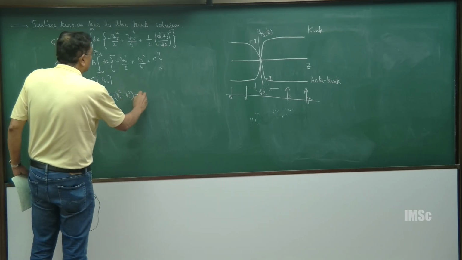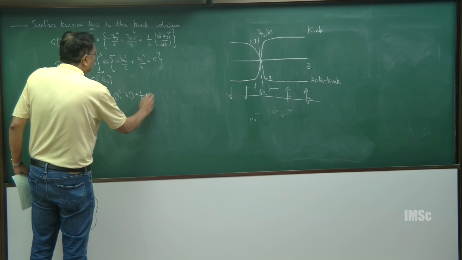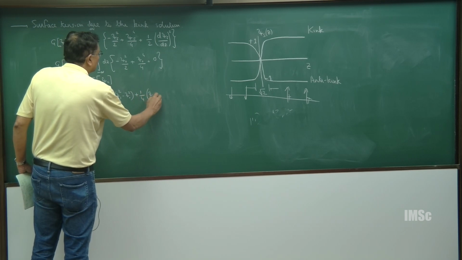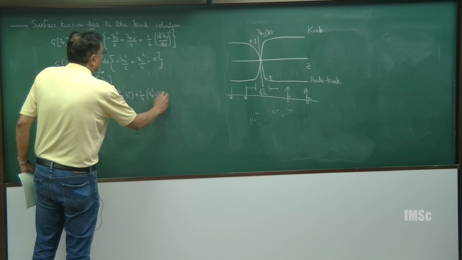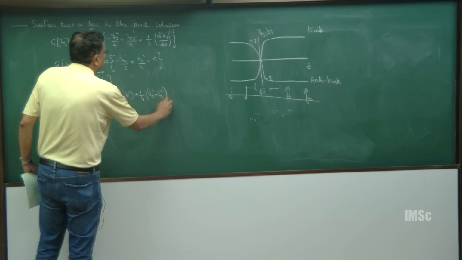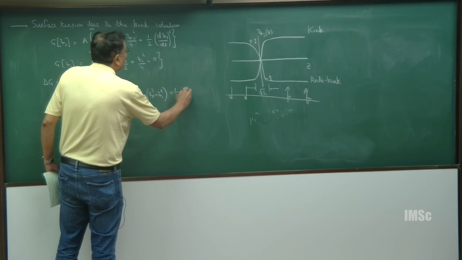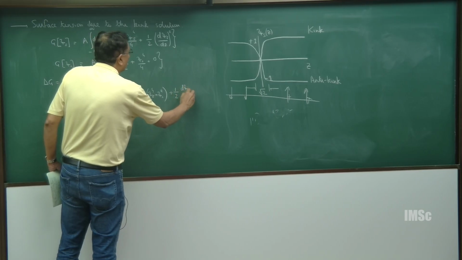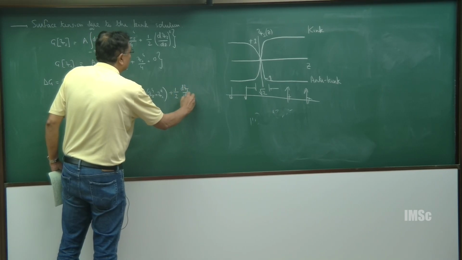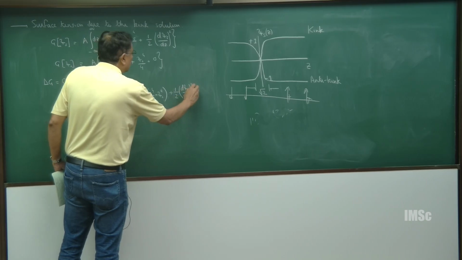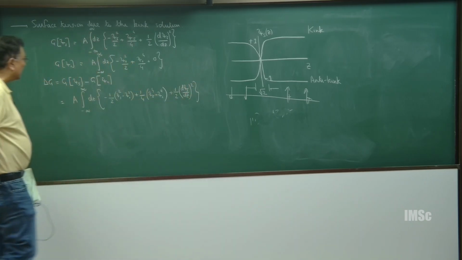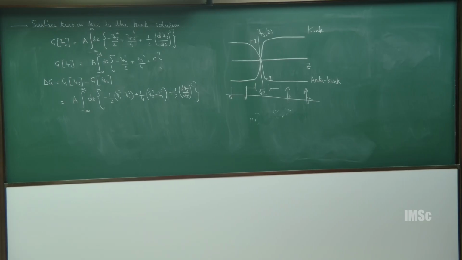This one becomes 1 over 4 psi s 4 minus psi 0 4, and the last term is simply half d psi s over dz the whole squared. So, I am just telling you a simple way to calculate this. You could just do it directly from the integral expression.